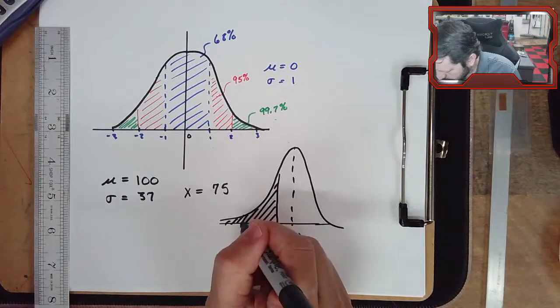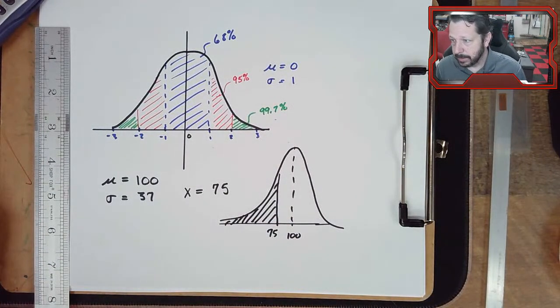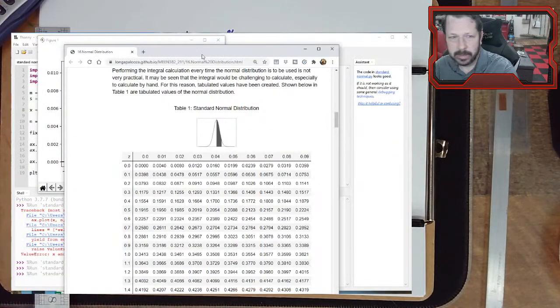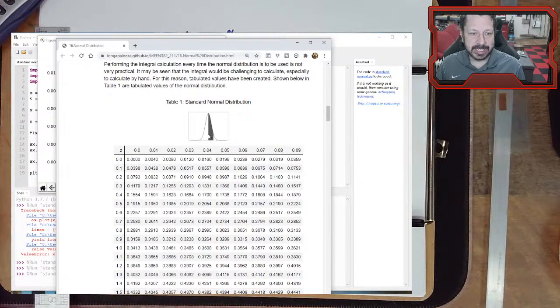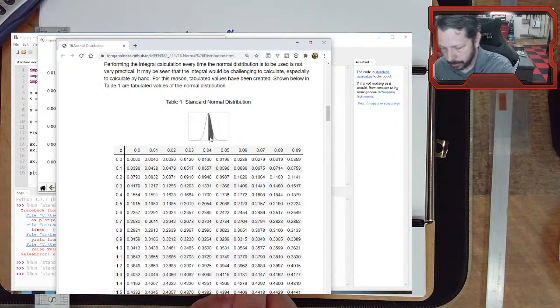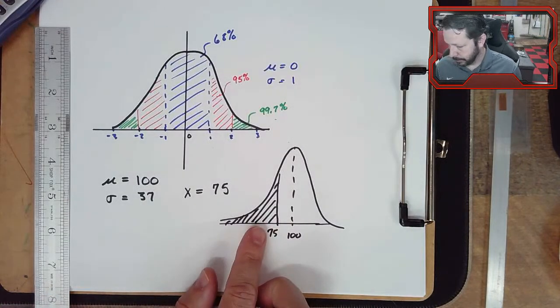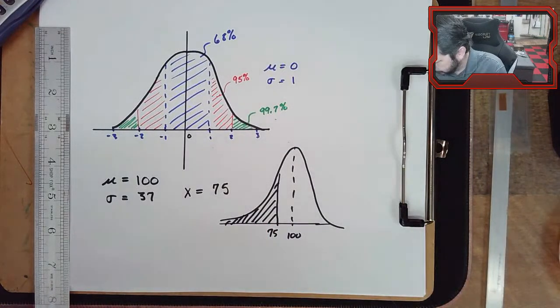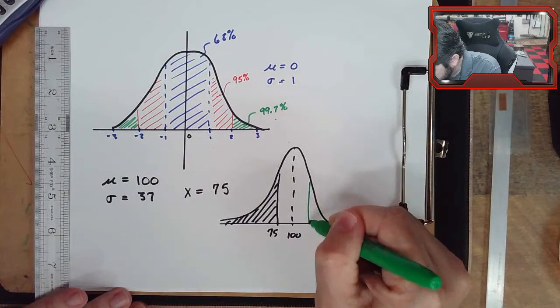Now, slightly unfortunately, the standard normal chart that we have gives us area from the center over. So it doesn't give us quite the area that we're looking for in our chart here. It will give us actually this area.